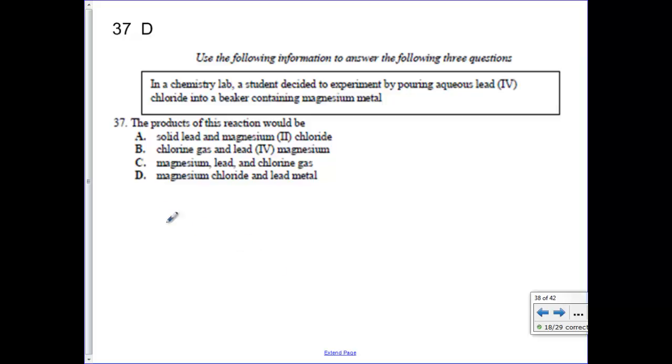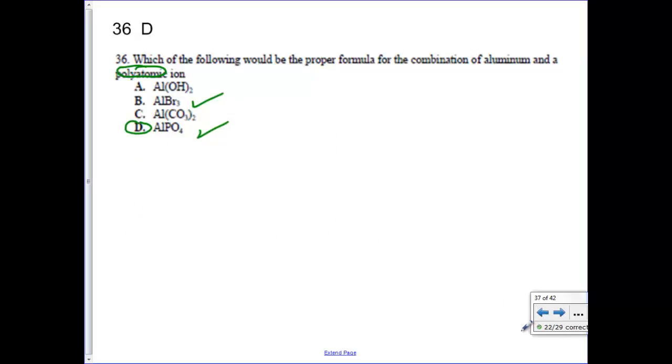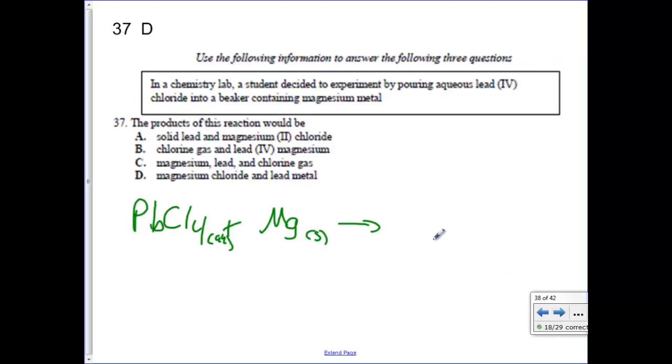Okay, this is another one of those ones where you have to figure out the reaction. So it's going to be lead 4 chloride plus magnesium metal. So you're going to take lead 4 chloride and add it to magnesium.